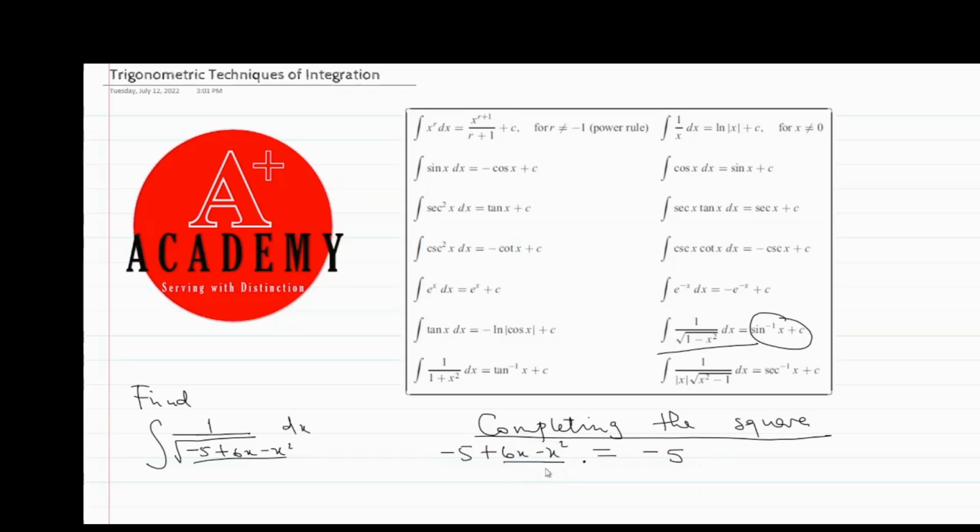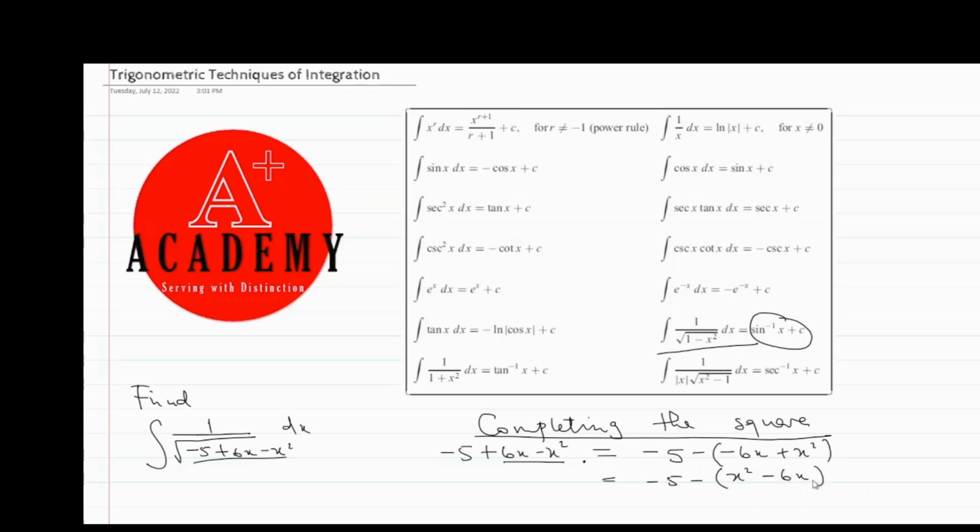Now we prefer that the leading term, which is -x squared, be positive. So one way we can do that is to factor out a negative term, -1. We are going to get -5 minus (x squared minus 6x).